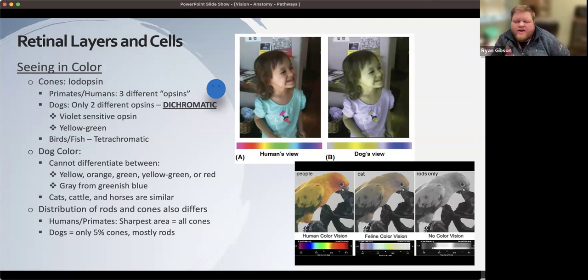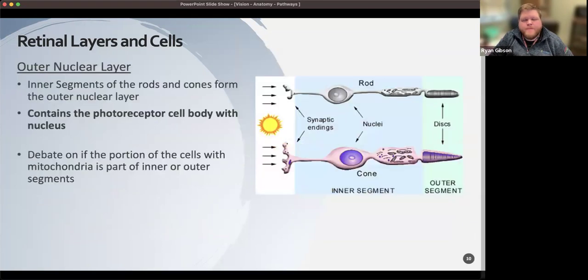Does a dog care what color the walls are of their doghouse? Heck no, y'all. What do they care about more? Their ancestors, the wolves, really being able to see prey in low light areas. So for them, rods are more important. Same thing with cats. They want that visual acuity in low light. So it makes more sense for them to have more rods.